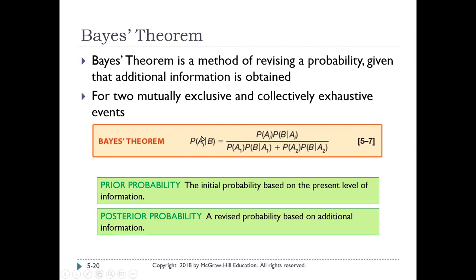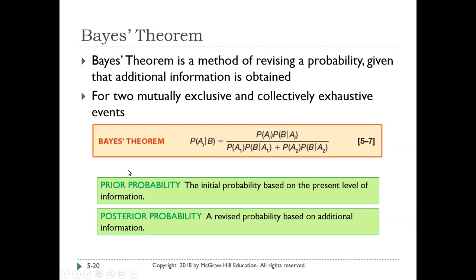And then in the denominator, if i is equal to 1, meaning we want the probability of the first event, A1, this numerator and the first part of the denominator are actually identical. So you're really only calculating this one time and then plugging it down here or down here, depending on which A1 or A2 you want to find. Then for A2, we just replace all the A1s with A2. So the probability of A1 times the probability of B given A2.